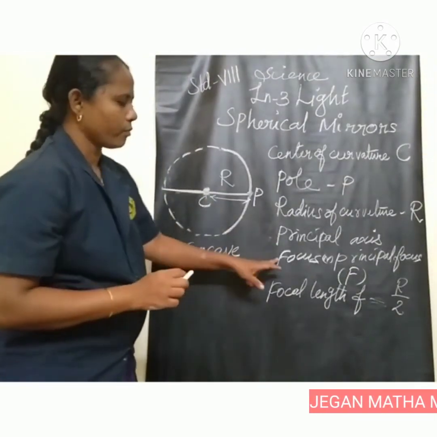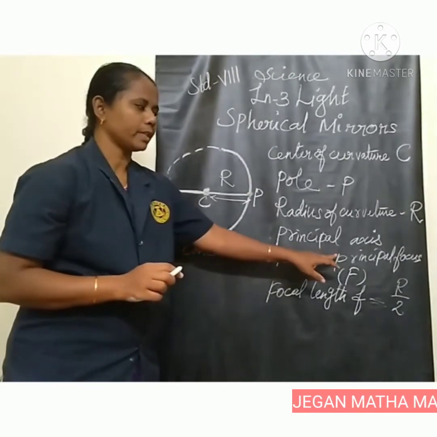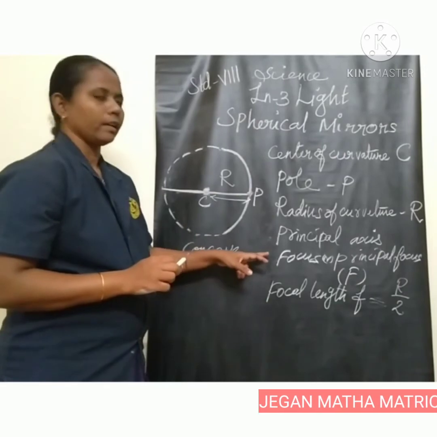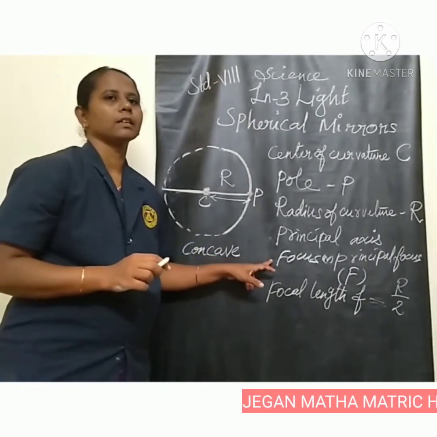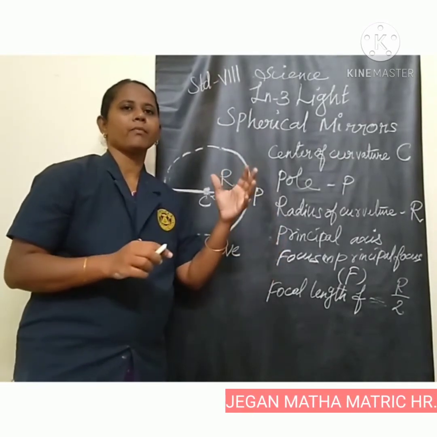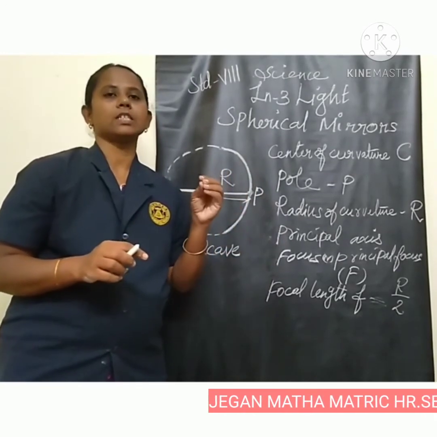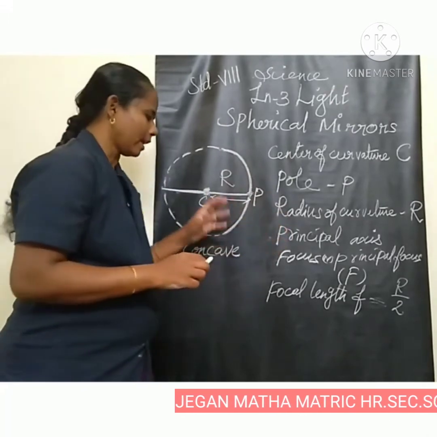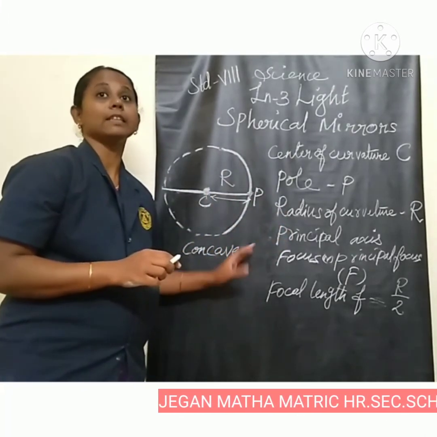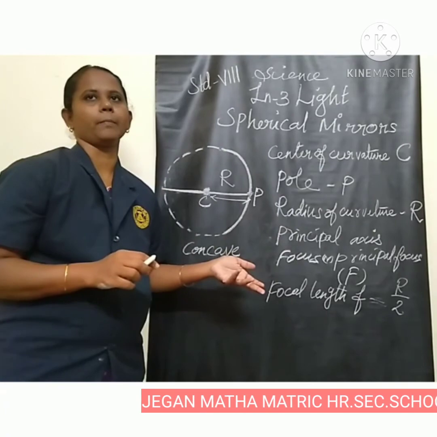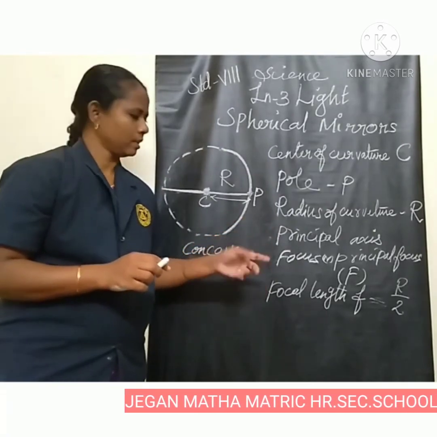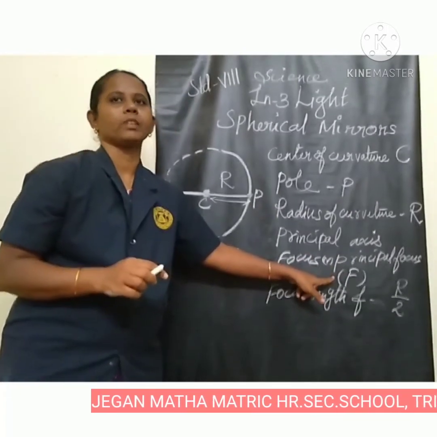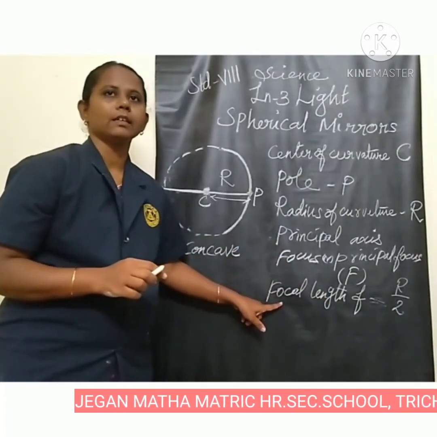The next term, focus, another name for principal focus, capital F. In the principal focus, when a beam of light is incident on the spherical mirror, the reflected rays converge in a concave mirror and diverge in a convex mirror. This point is known as the focus or principal focus, capital F. The next term, focal length, small f.